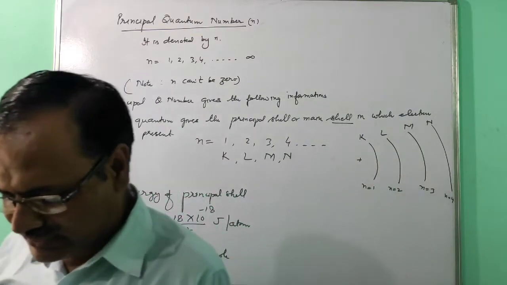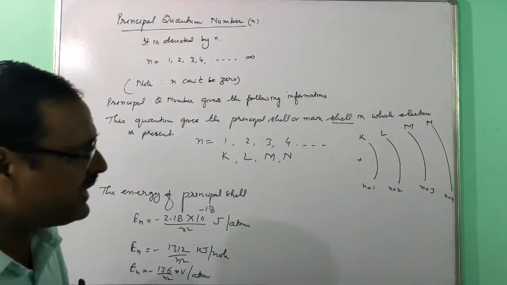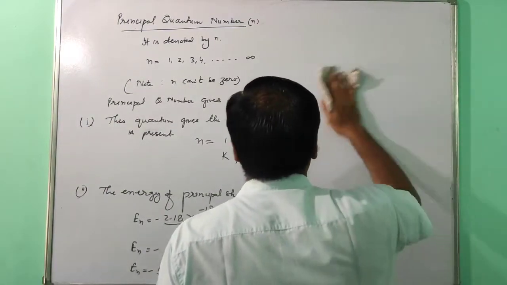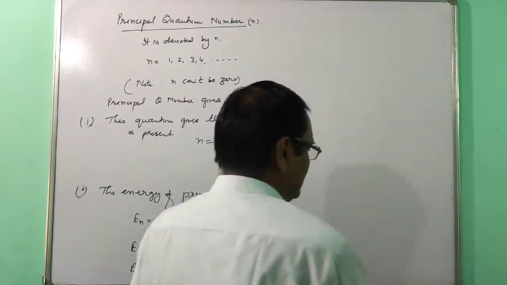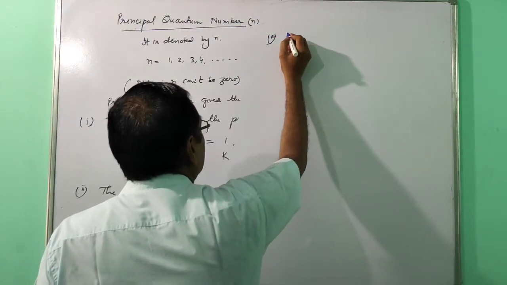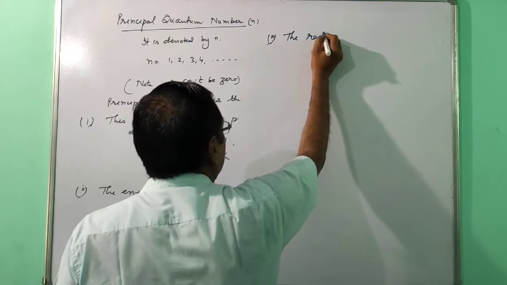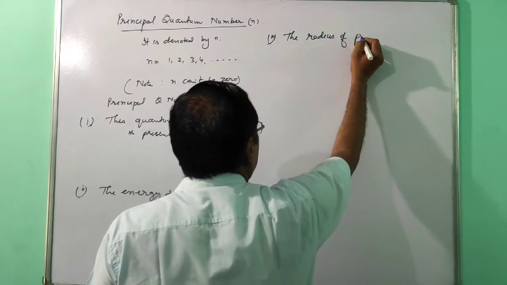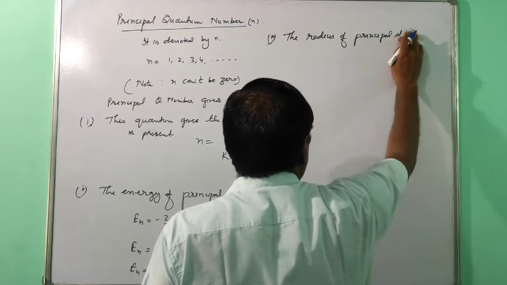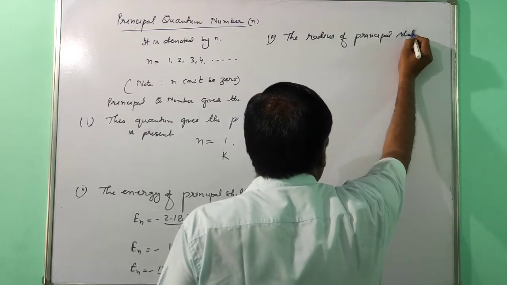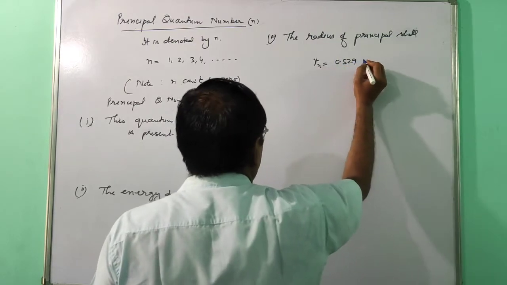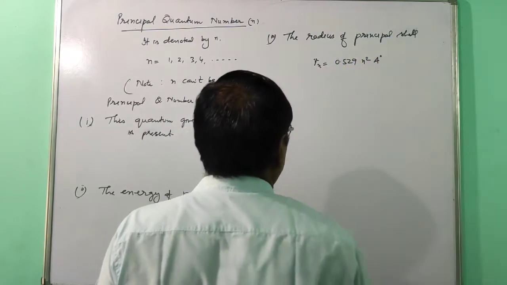Now the third information: this quantum number gives the radius of the principal shell. Rn is equal to 0.529 n square angstrom.